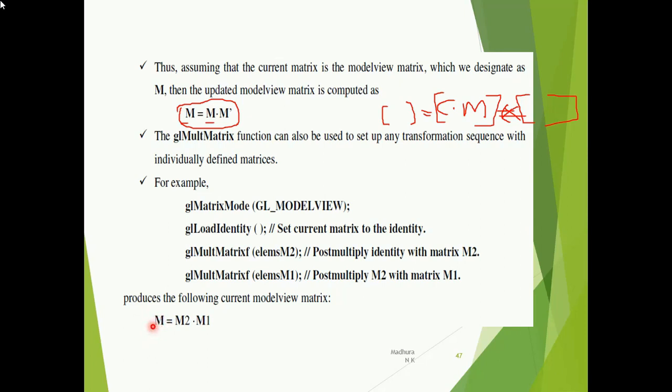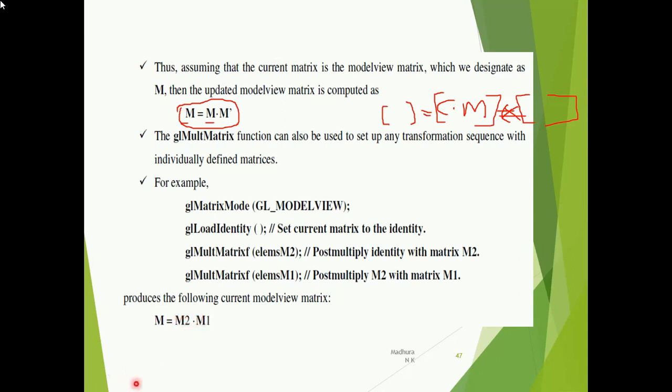And how is it being multiplied? What is post multiply? You move from this end to this end. First you get the identity matrix multiplied with the M2 matrix, so you get M2 as one matrix. After getting M2, you multiply that matrix with M1.